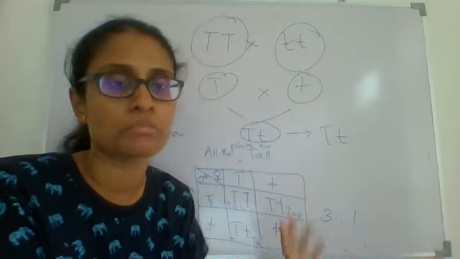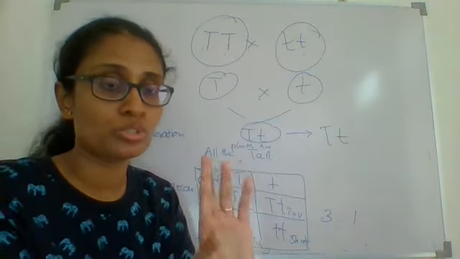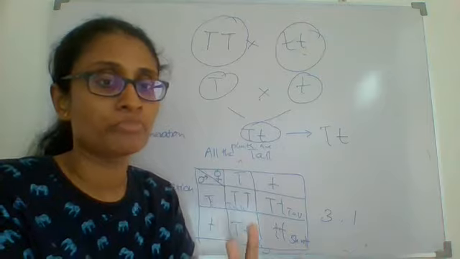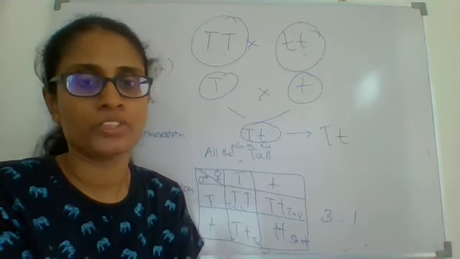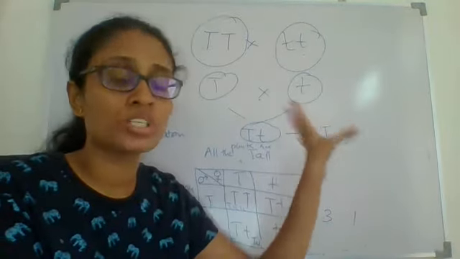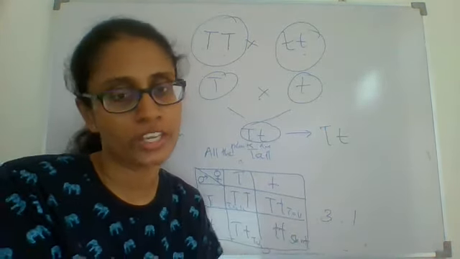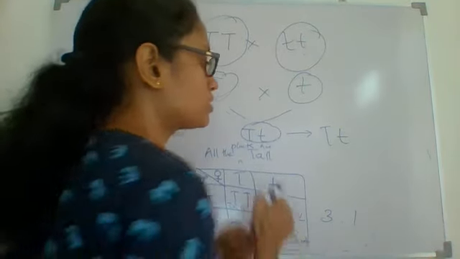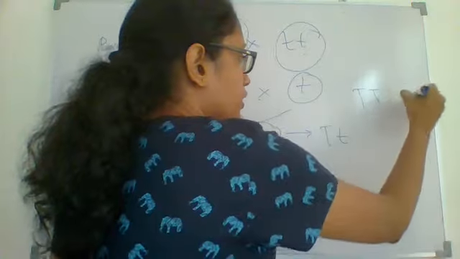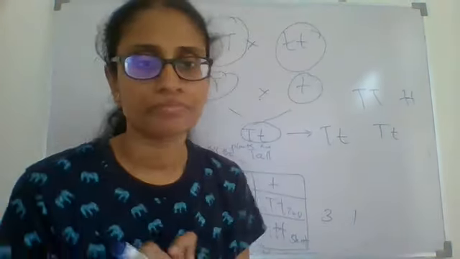But when the two genes are the same, we call it homozygous, right? If the two genes are different to each other, it is called heterozygous. So homozygous means TT or tt. Heterozygous means Tt, right?